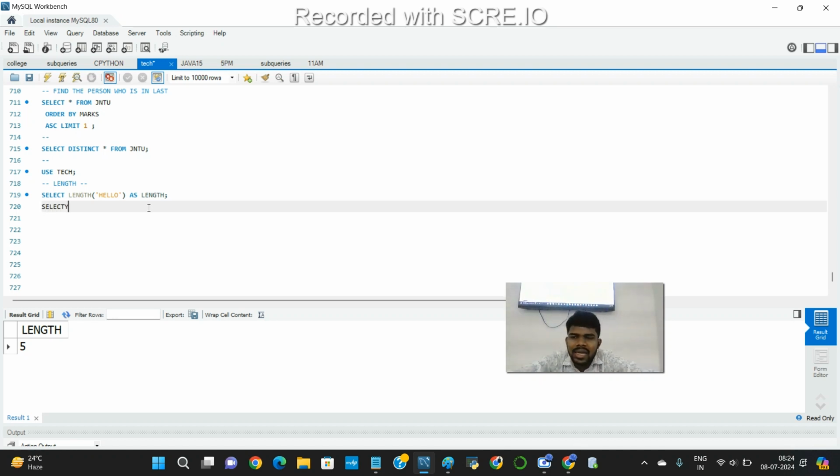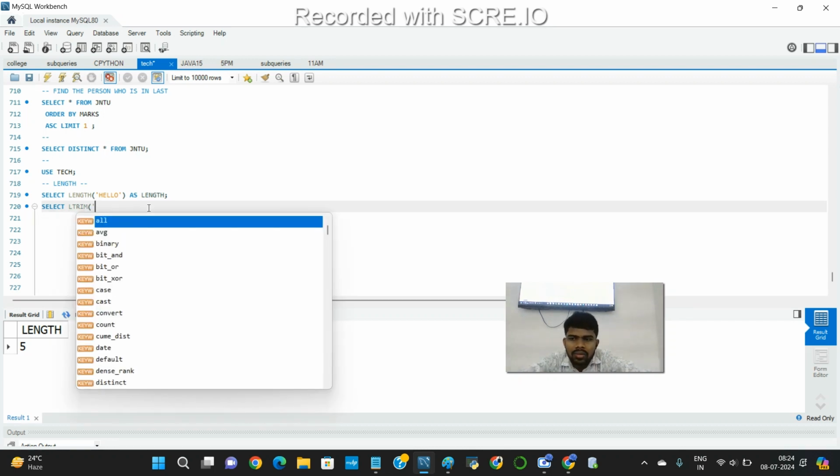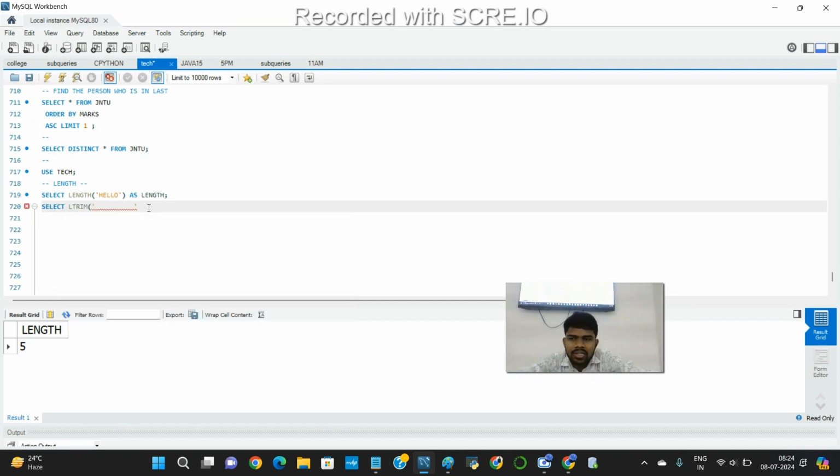For example, select LTRIM. For example, there is a space, Tronics Technologies, LTRIM.